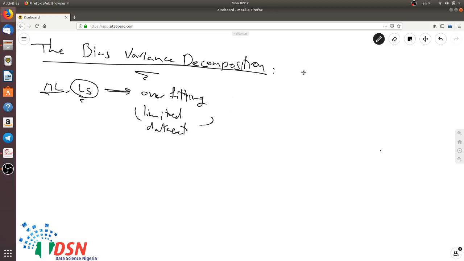If you remember, if we plot the test error and training error based on model complexity, where this is the complexity of the model, for example in polynomial fitting it could be the degree of the polynomial, and this is the error, then the training error will be something like this.